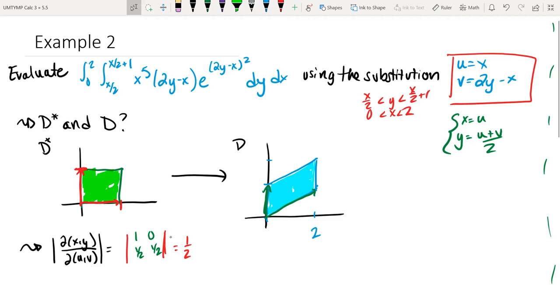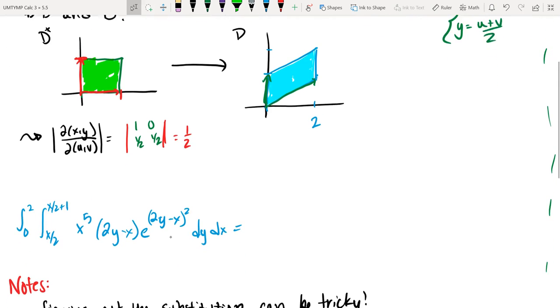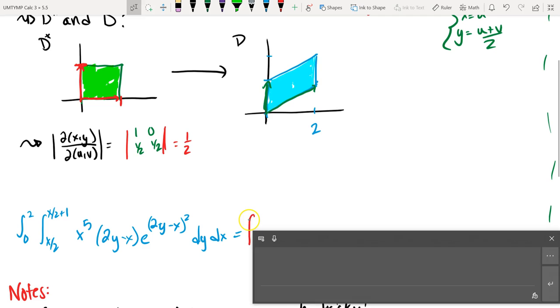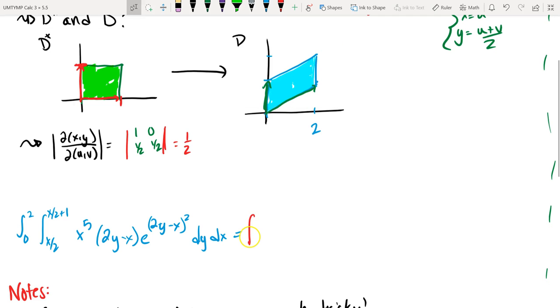Okay, so I know the Jacobian. I can do the substitution. The only thing I haven't figured out yet is the bounds. So I'm going to leave space for the bounds and come back to those.